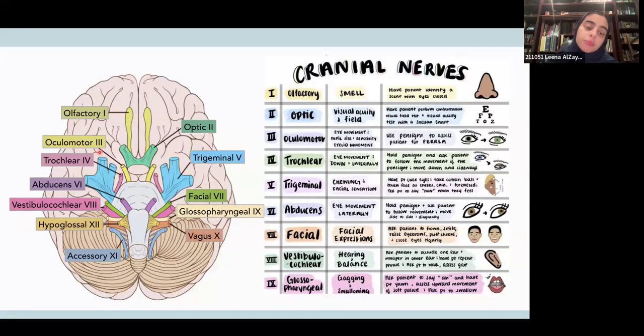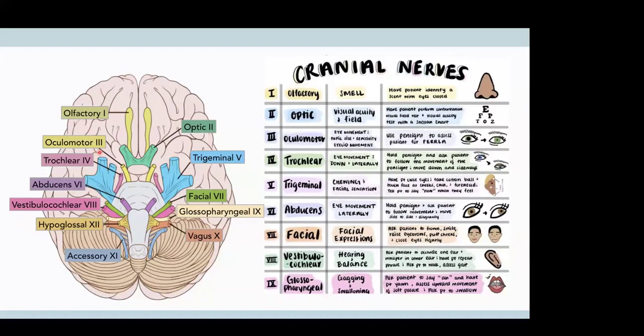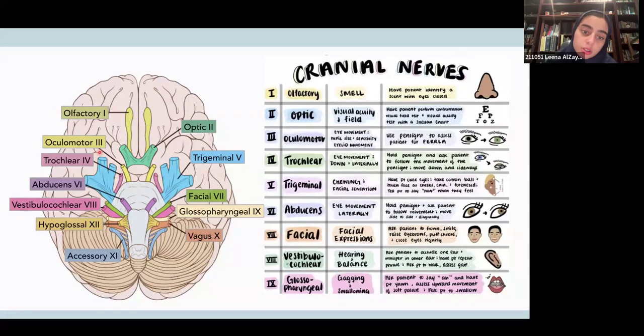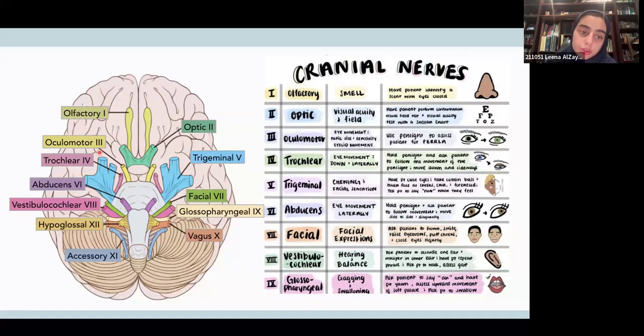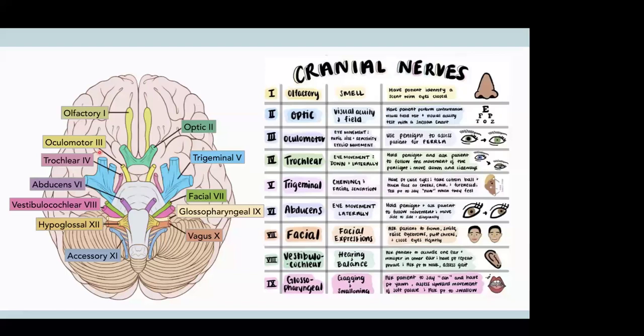Amazing, amazing. And then what comes after it? Which foramen? Foramen rotundum. Yes. And it carries the second division of the trigeminal, V2, which is the maxillary branch. Okay, and then the third one? Ovale. Carries the third division of the trigeminal, the mandibular.